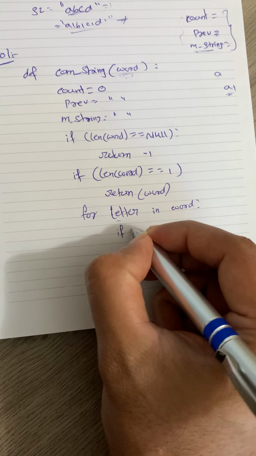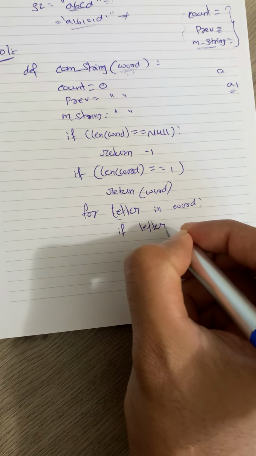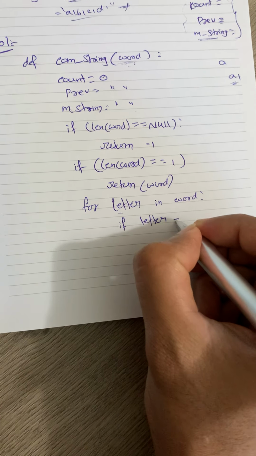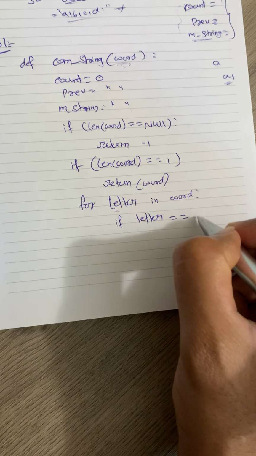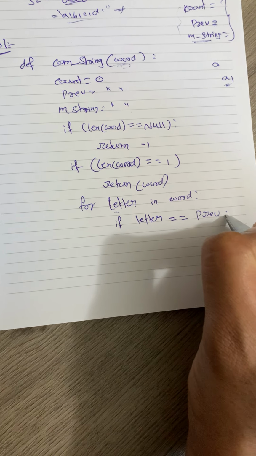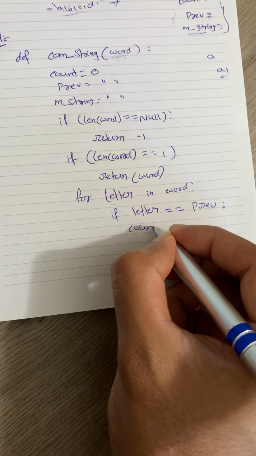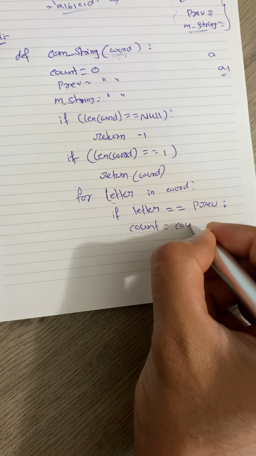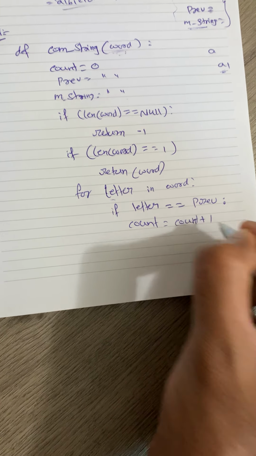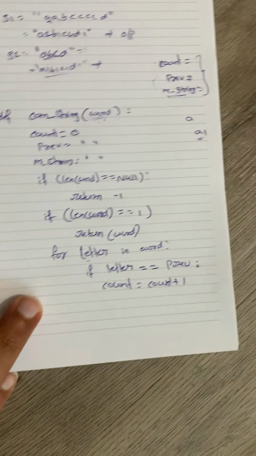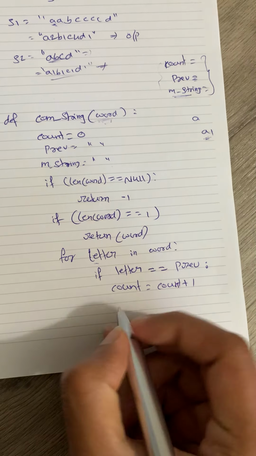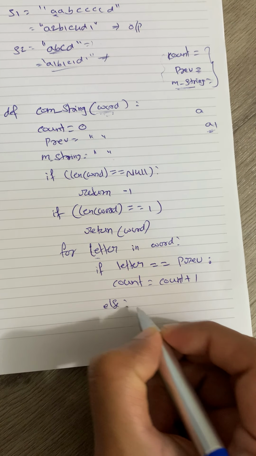So if letter is equal to prev, we just increment the count, count equal to count plus 1. But if this is not the case, then we should have an else statement.